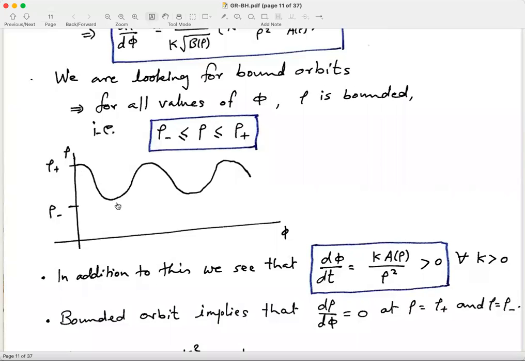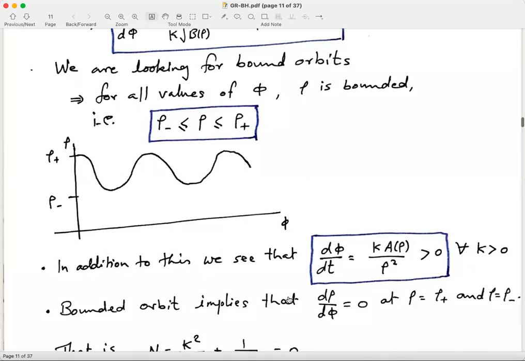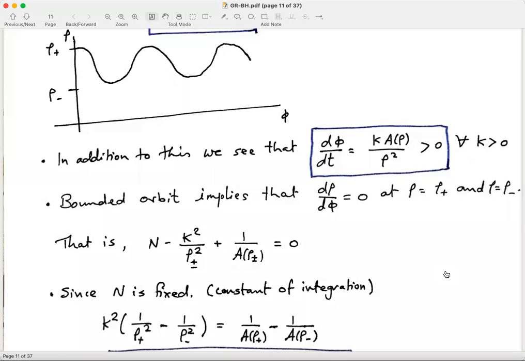We know the values of rho for which this happens: when rho equals rho plus and rho equals rho minus, which are the extrema of this curve. So we set d rho by d phi equal to 0 exactly at rho equal to rho plus and rho minus.